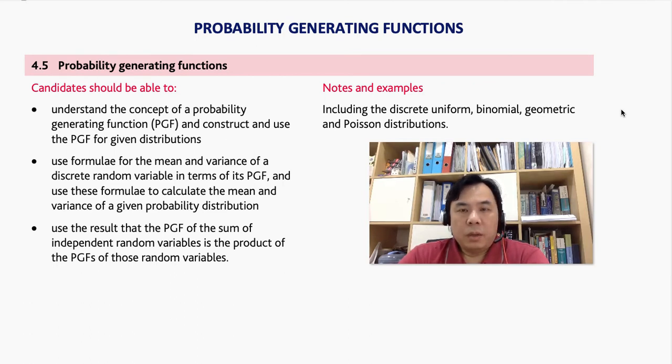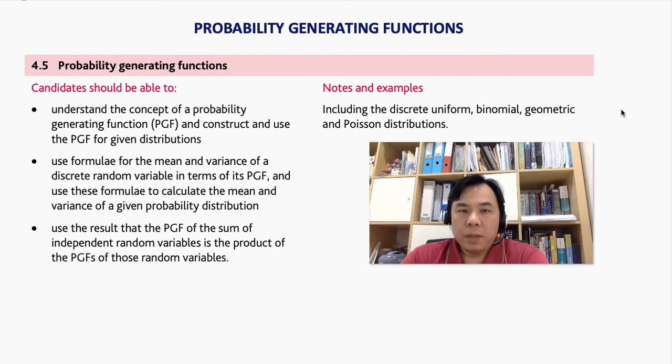Okay, now if those random variables are independent, how do we evaluate the sum of these independent random variables using the product of the probability generating functions, which is one of the strengths of using probability generating functions here, right?